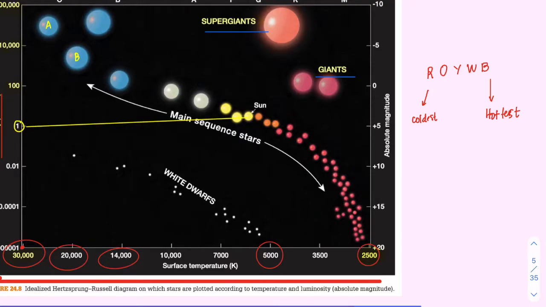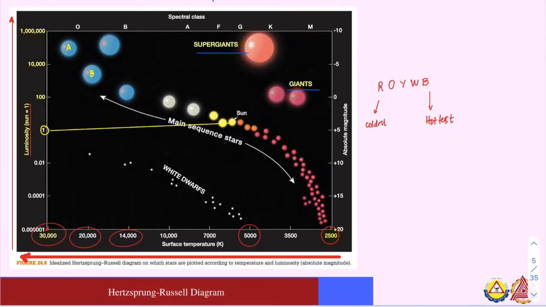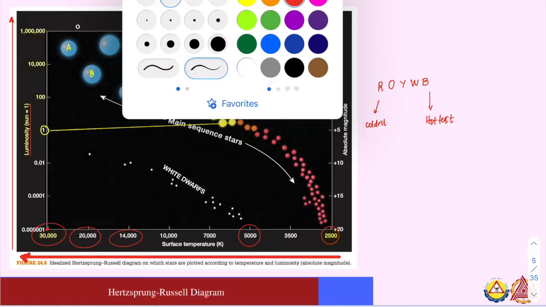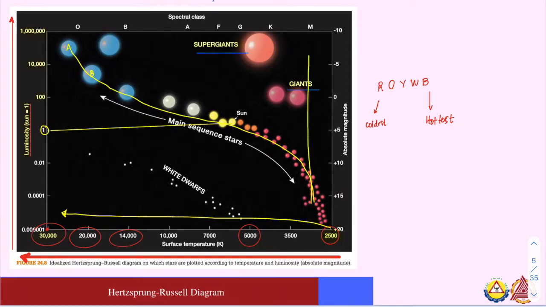But anyway, as we can see here, class, as your temperature increases, you can see the trend, your star tends to go upward in this direction. Since they are rising in the y-axis, that implies that their luminosity also increases as the temperature increases.